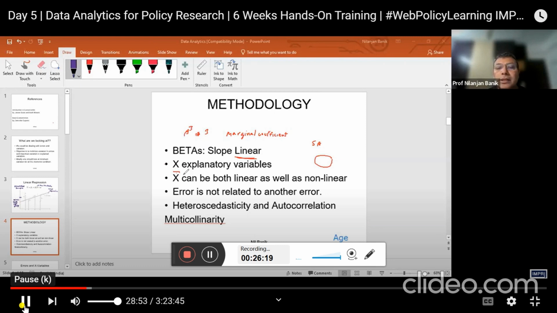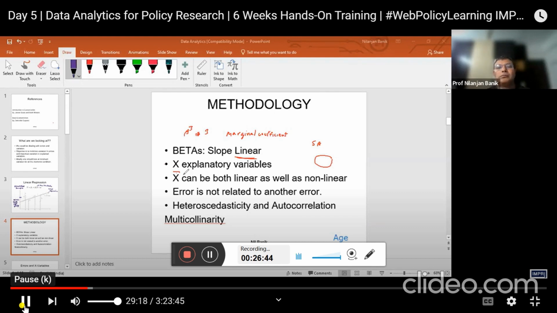Therefore X is highly nonlinear when the outcome variable is income and X is the number of years that you spend on education. So X can be both linear and non-linear, and depending upon what we are dealing with, we'll have to check that.